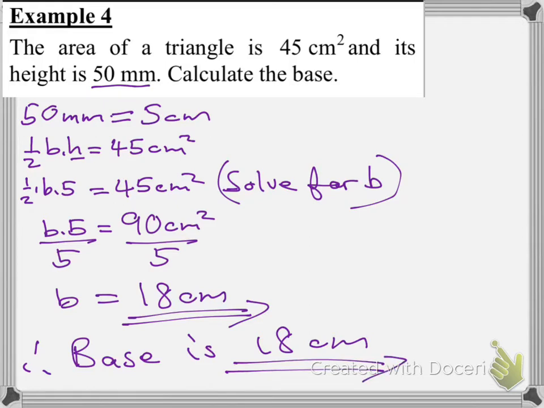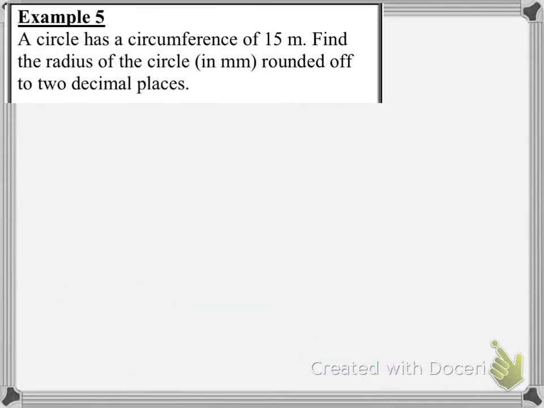Right, so we used our knowledge of the formula for calculating area of a triangle. Example number 5, it says a circle has a circumference of 15 meters. Find the radius of the circle in millimeters rounded off to 2 decimal places.